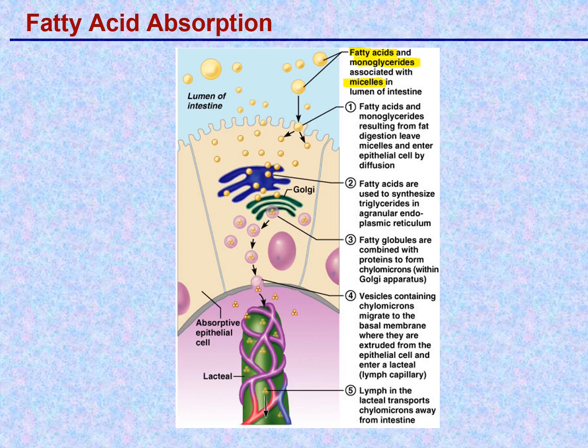The fatty acids and the monoglycerides go across into the columnar epithelial cells covering the villi. They enter by diffusion, and they're used to synthesize triglycerides again inside this cell.